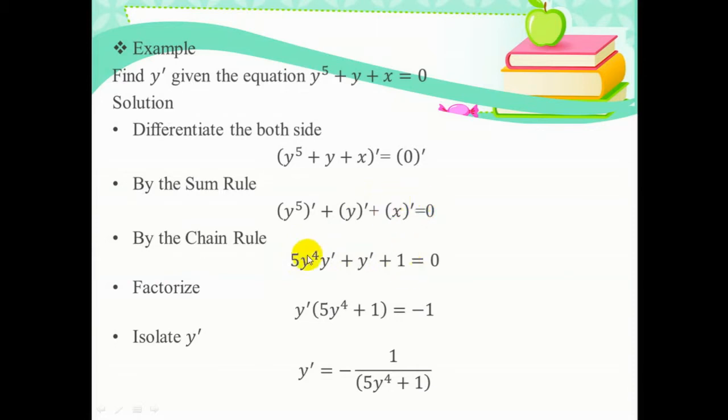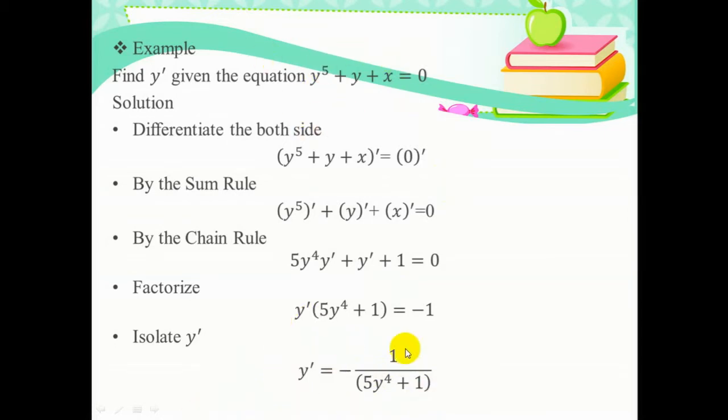Then we factorize, because on the left side we have the same y prime: y prime times (5y^4 plus 1) equals minus 1. Then isolate y prime to get y prime equals minus 1 over (5y^4 plus 1). So this is the first derivative of this equation.